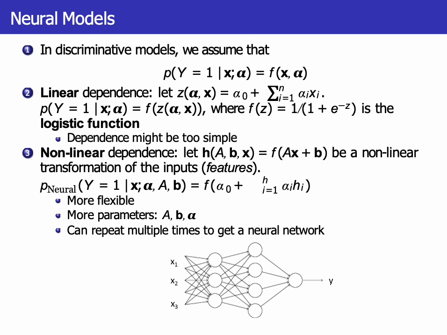So in discriminative models, we assume that y is certain, and you use these parameters to train. These f can be linear dependence or logistic functions, and the nonlinear dependence, whatever you like, you get certain functions to train.